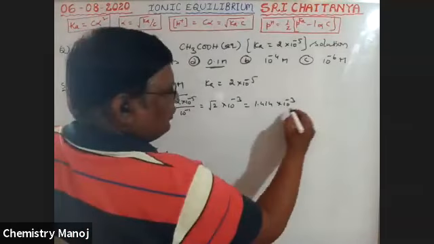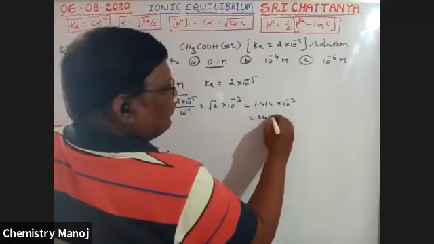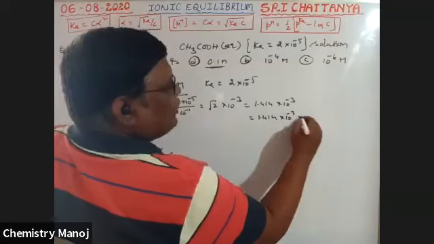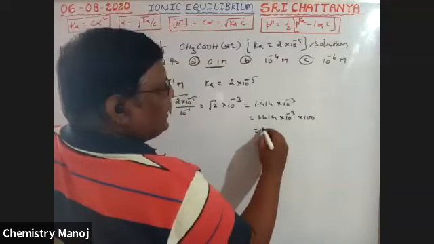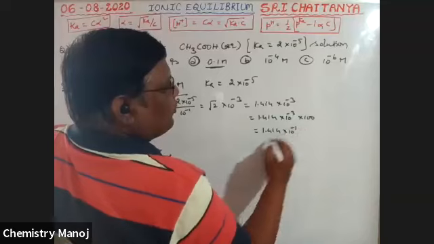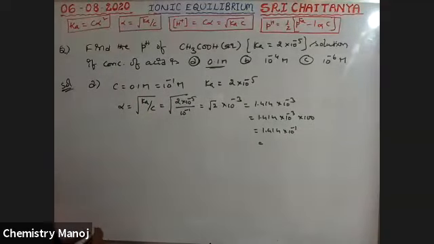So which is equal to 1.414 into 10 power minus 3 into 100, percentage calculated.